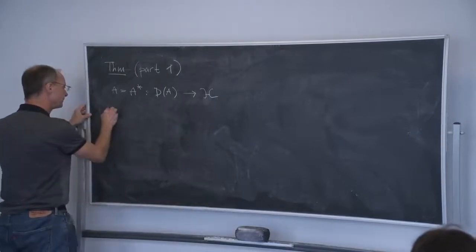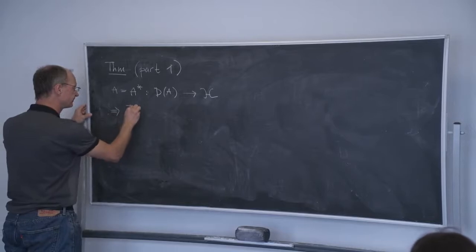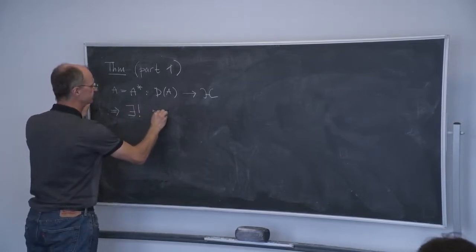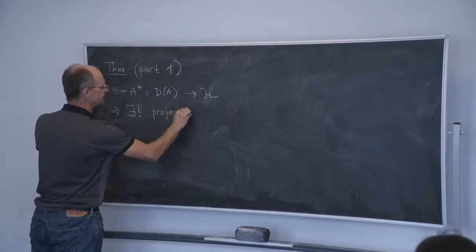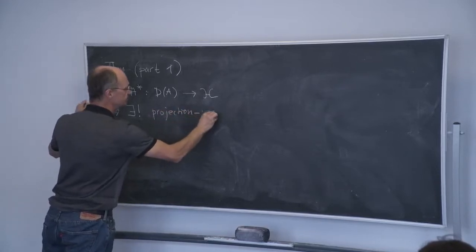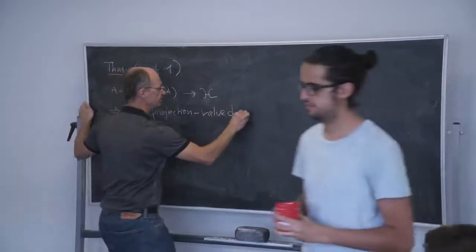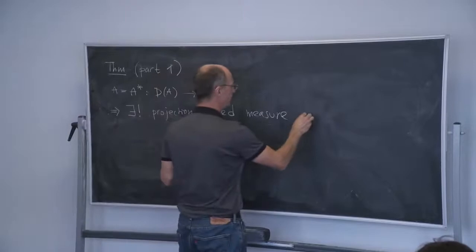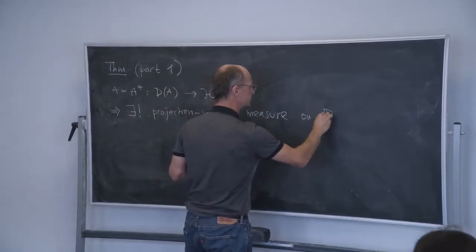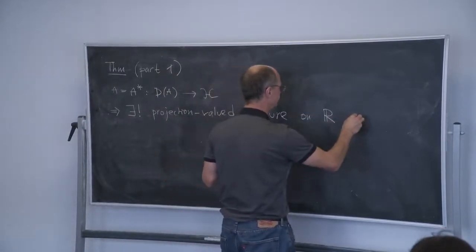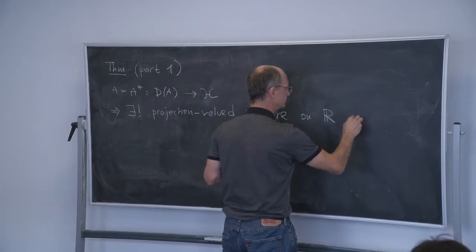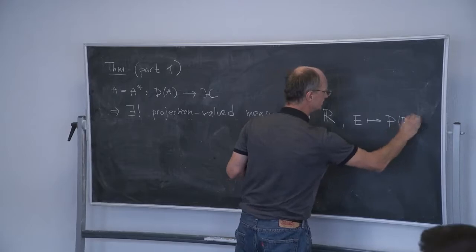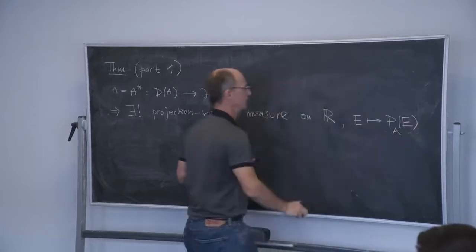So then there is a unique projection valued measure on R. Let's call it PA.